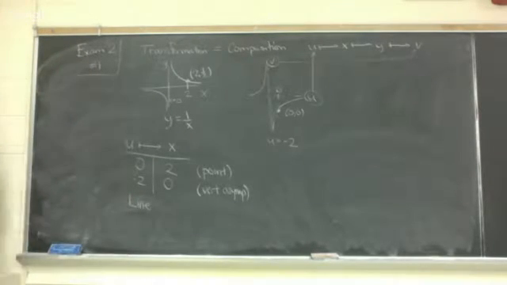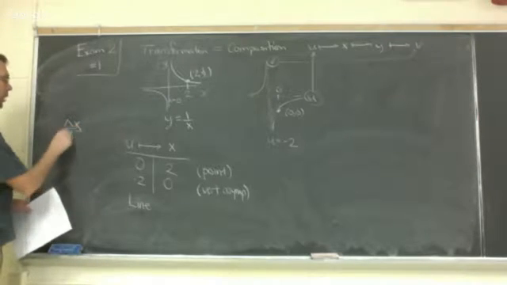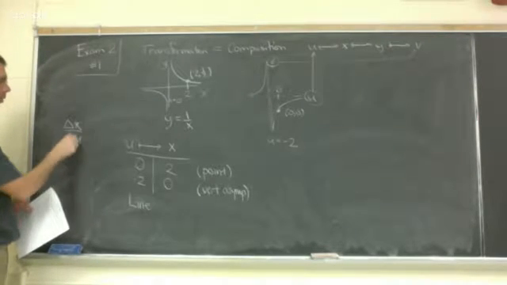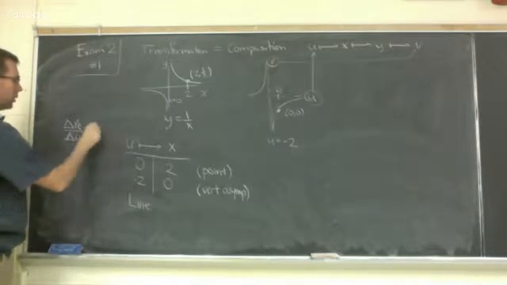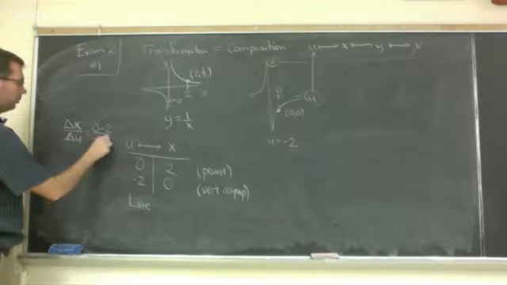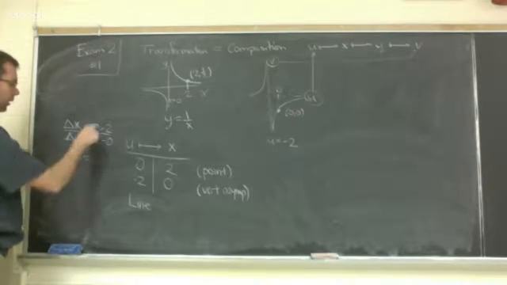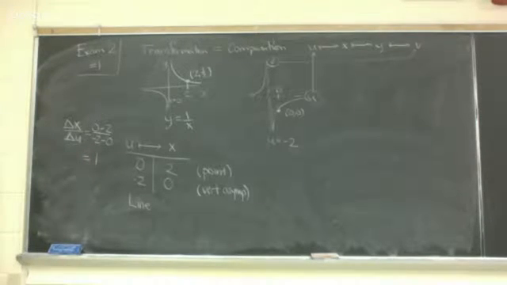So how do we find the equation of a line? Find the slope. So the change in x over change in u, output over input, is 0 minus 2 over -2 minus 0. And so I get -2 over -2 is 1. My slope is 1.